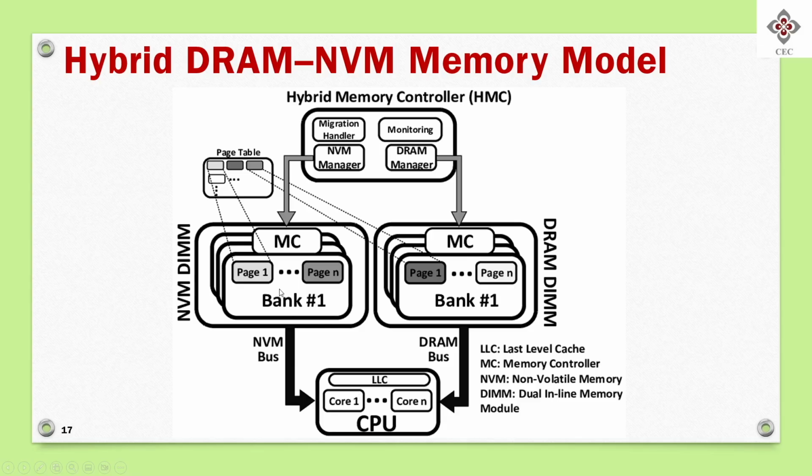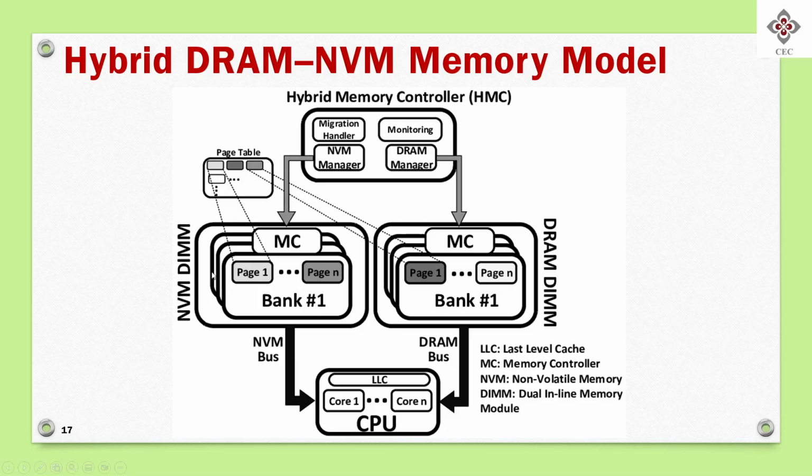We can access the pages either through NVM or through DRAM. Most frequently accessed pages will be via DRAM and less frequent pages via NVM. If you reduce the number of writes, this hybrid memory will perform up to the expectation of the user.